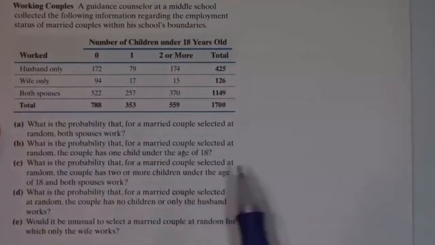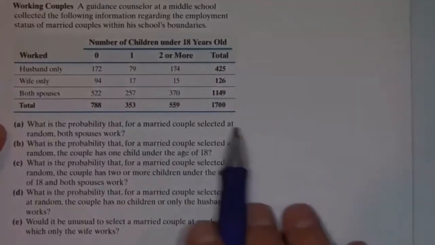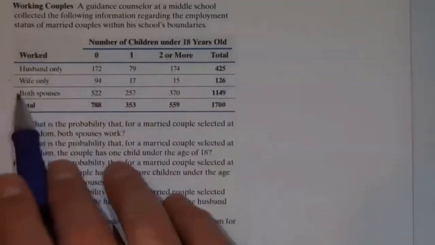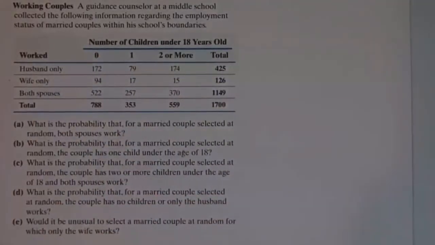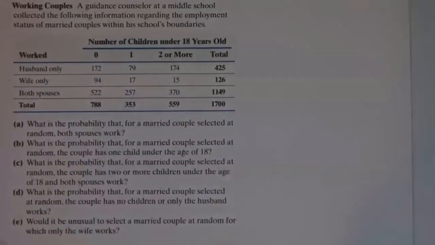So single people aren't included in this data, only married couples. So what do we have here? This table of information that we have right here is called a contingency table, or sometimes it's called a two-way table. Now, what that means is that there's really two variables of information included in this table.